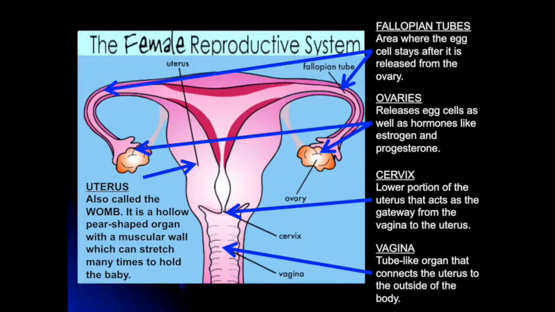We talked about the different parts of the male reproductive system and the female reproductive system. You learned about the roadmap of the sperm, how it gets all the way from the testes all the way to meet the egg cell that's waiting for them in the fallopian tube. Okay?